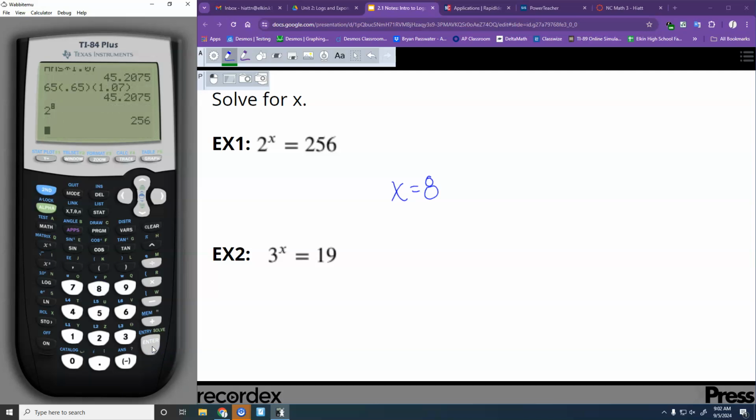Is that one going to be a whole number? It's not going to be a whole number. See how close you can get. That's pretty close. See if you can get closer. Let's see who can get the closest on this.